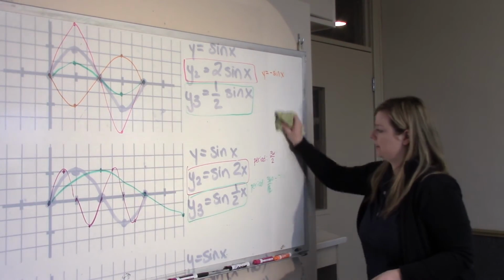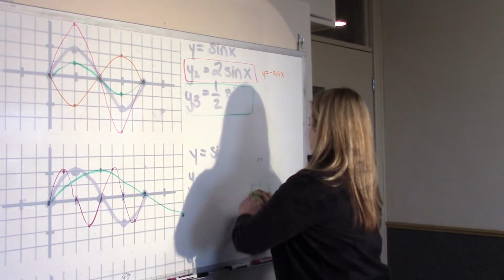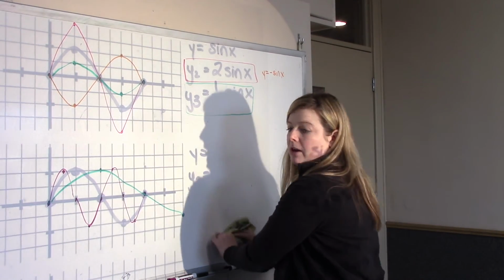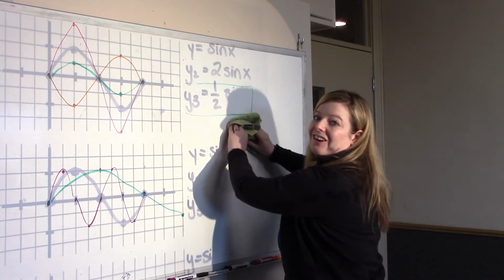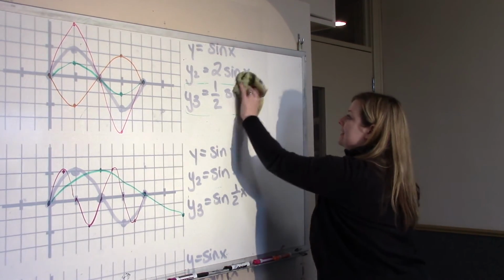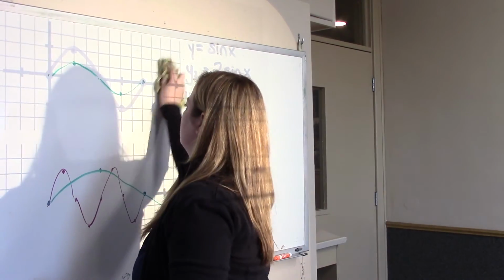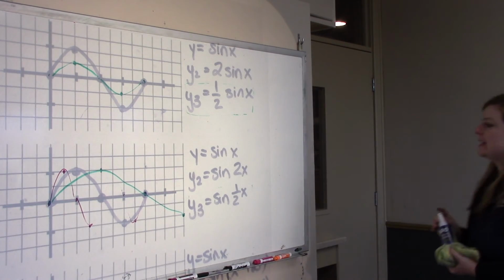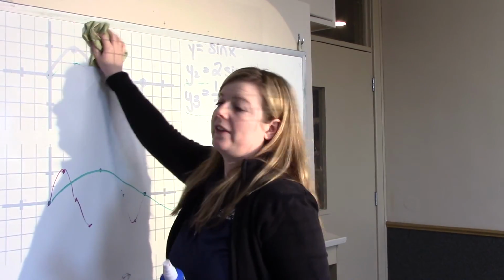Okay? Now we'll do the translations. So it's the stretches and the compressions that determine the shape of the function. Okay, so how skinny or tall it is, or how short or fat it is. And it's the translations that determine where it is on the plane.